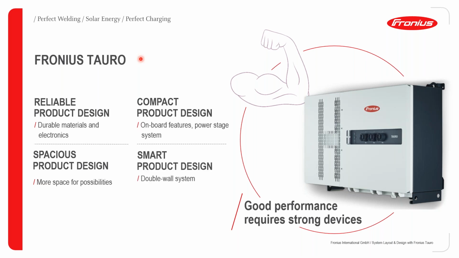Then in terms of the product design, additionally, we cannot talk about how smart it is. So we are using a very unique concept with a double wall system. And this is making the Tauro have very good performance when it's working in exposed sun heat.